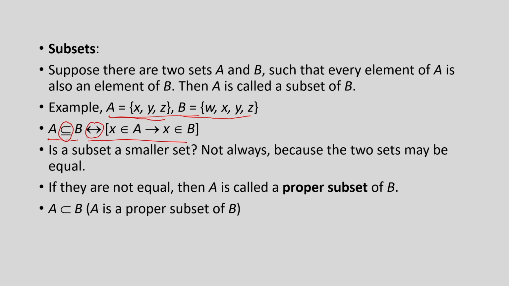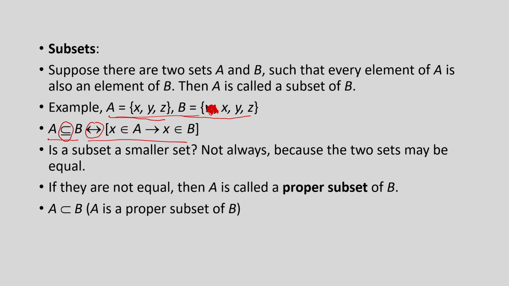But this is not always correct. The reason being that two sets could be just equal sets, right. In that case also this property will be satisfied. Think about this: suppose I consider B as this set, it does not have this element W. In that case also A is a subset of B, but A is not a smaller subset anymore, A and B are just equal.